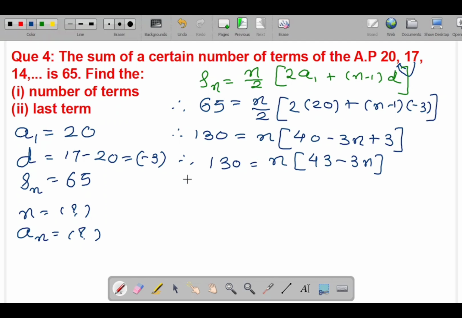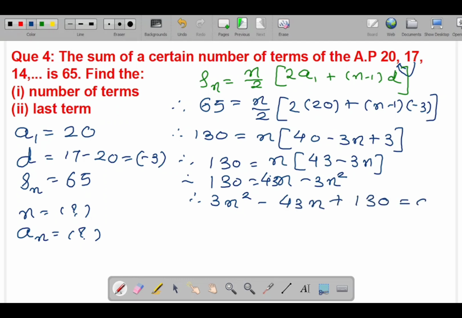We open the bracket, we will have 130 equals 43n minus 3n square. So bring that 3n square and 43 on the left hand side, we will get 3n square minus 43n plus 130 equal to 0.